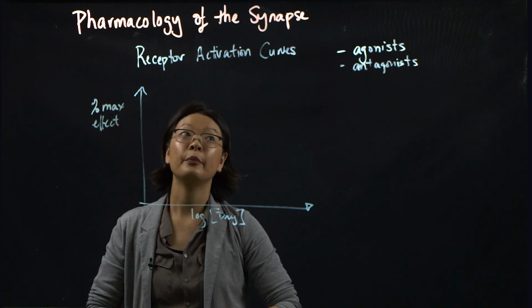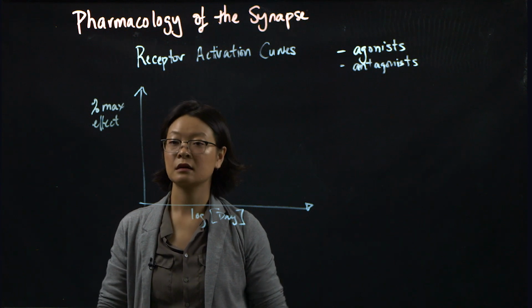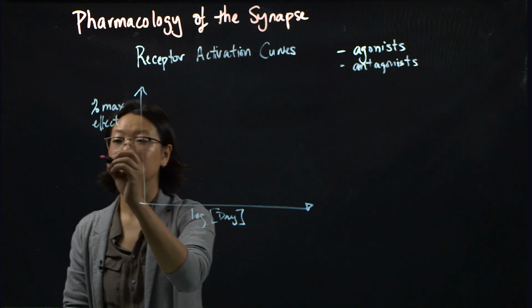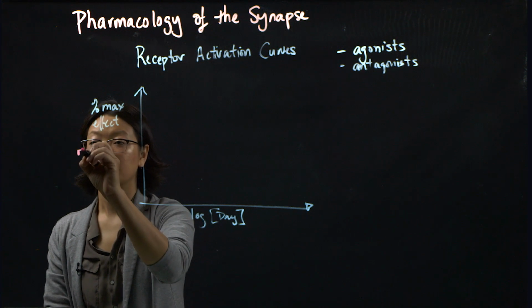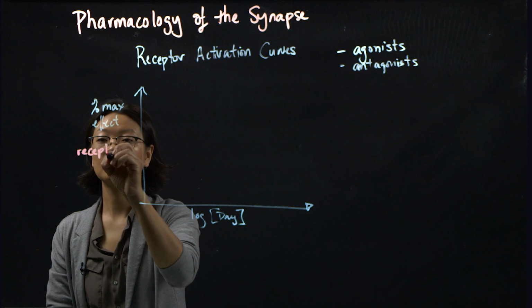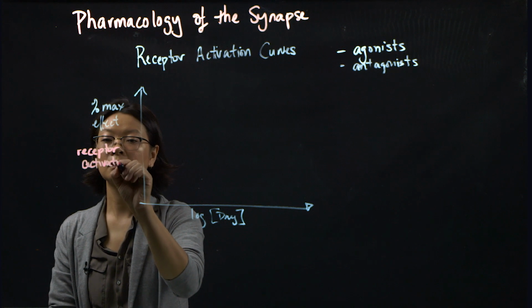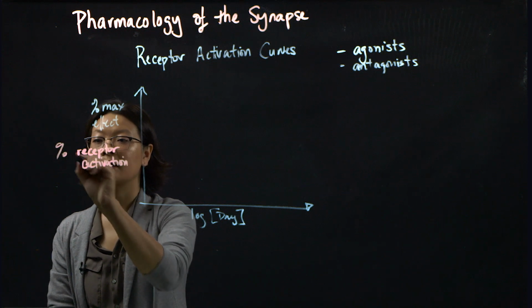If we are talking about agonists and antagonists, this can be a bit more specific. So something related to the receptor, for example, receptor activation. So percent receptor activation.